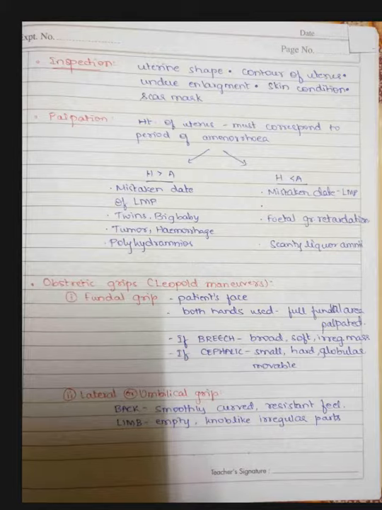Before going to the obstetric grips, remember that in inspection, for skin condition you need to verify if there is evidence of ringworm or scabies. Then in palpation, the height of the uterus is determined by placing the ulnar border of the left hand on the uppermost level of the fundus.